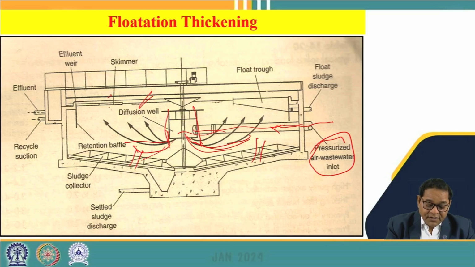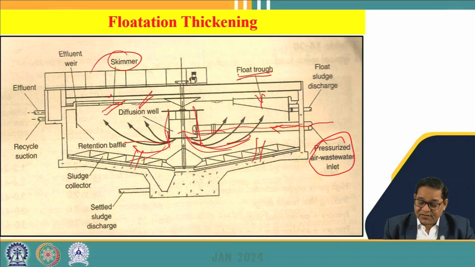This is the skimmer mechanism which is used, and whatever sludge solids come to the top because of this air flotation process are removed using this skimmer technique. The skimmer system is designed to remove this sludge into the float trough.